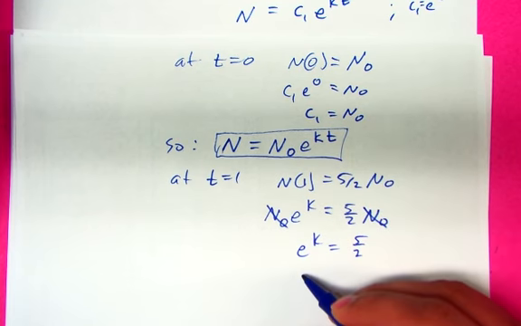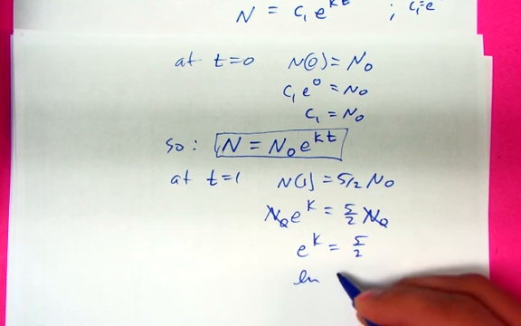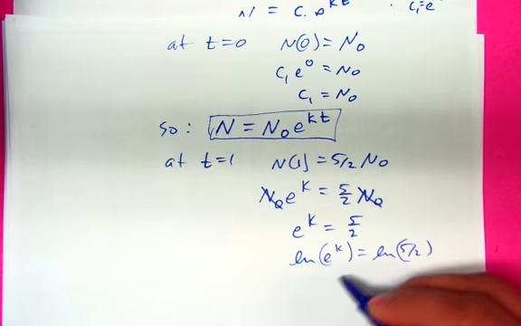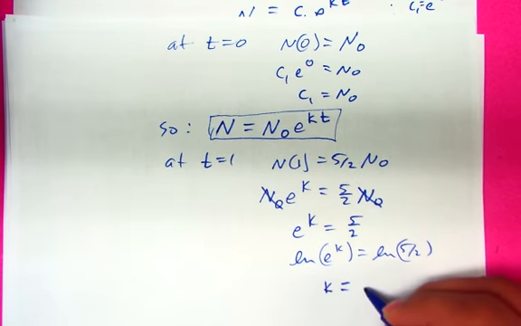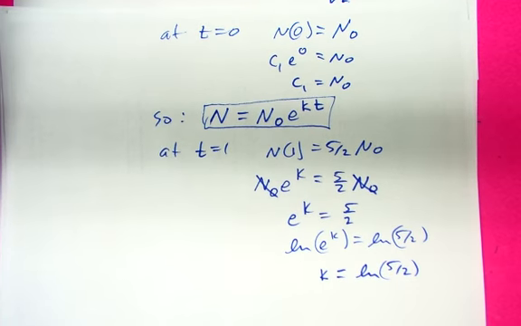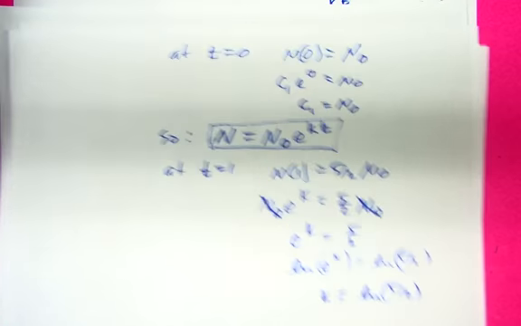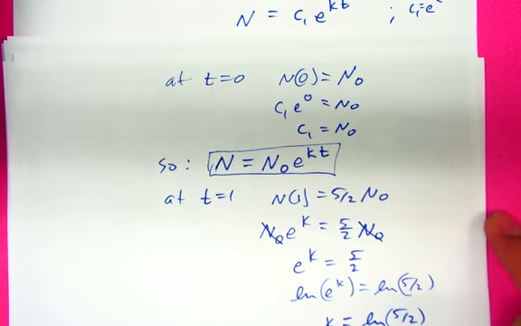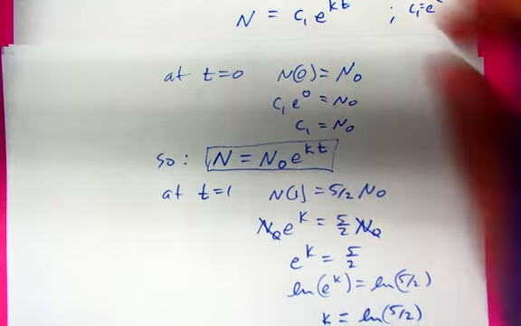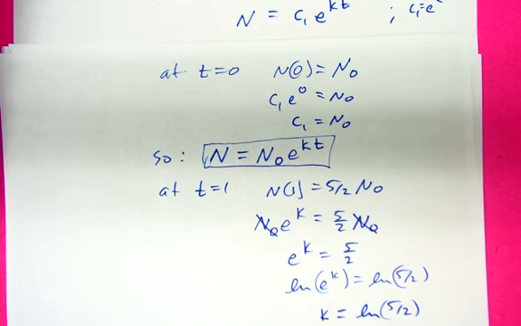Take the natural log of both sides, or put it in log form, however you want to do it. Now we get the constant of growth, which is natural log of 5 over 2. Usually as long as you have the constant of decay or the growth constant, then you can answer any question you need to answer: how long it takes to double, triple, reach a particular amount, or how much there will be after 7 hours, whatever the case is.